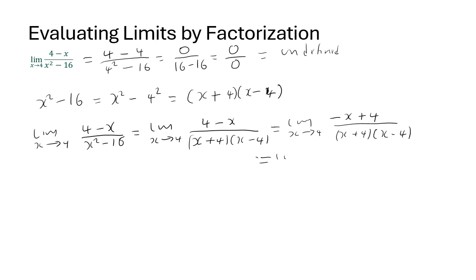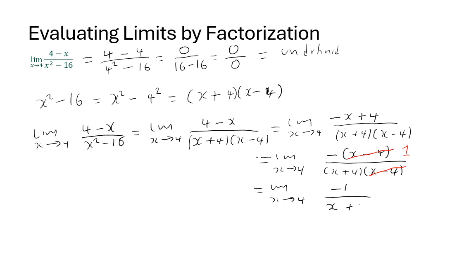And this is just the limit as x approaches 4. I can factor out the minus, so this will be minus. Here I will have x, and because this is plus, I must have minus 4 here, over x plus 4, x minus 4. So I have x minus 4 here as I need. So x minus 4 will go into x minus 4 once. So we'll have minus the limit as x approaches 4 of 1 over x plus 4.